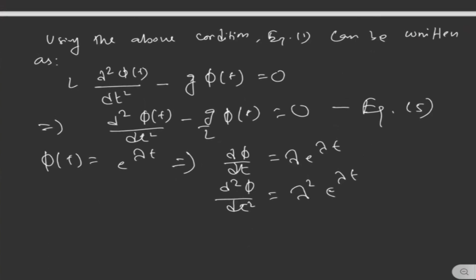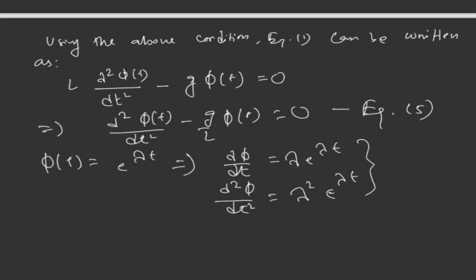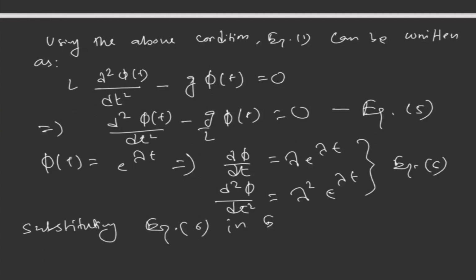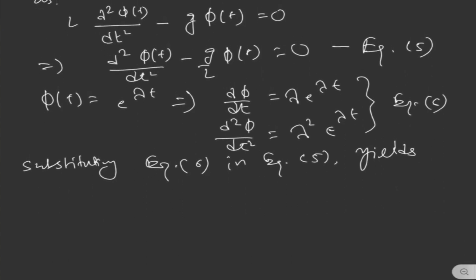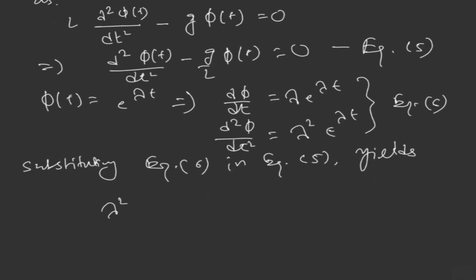Now substituting these expressions in equation number 5, we can write equation number 6. Substituting equation 6 in equation 5 yields lambda square e to the power lambda t minus g by L e to the power lambda t equal to 0.